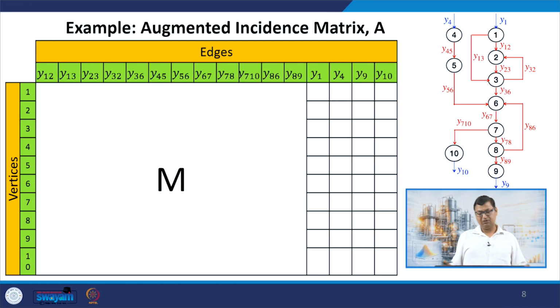And the next thing I will do is define the augmented incidence matrix, which will have all the columns present in the incidence matrix and the rows, but we have additional columns corresponding to the interfaces. So, for the interfaces, for example, y1 is an input interface which is +1 at 1, y4 is an input interface which is +1 at 4, y9 is an output interface, so it is -1 at 9, and y10 similarly is -1 for row 10.